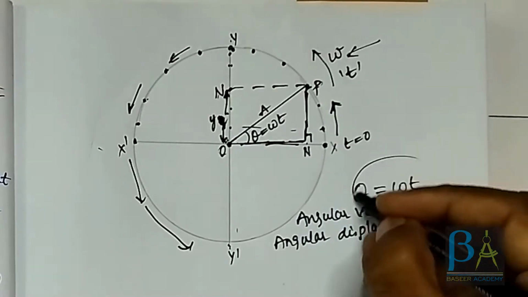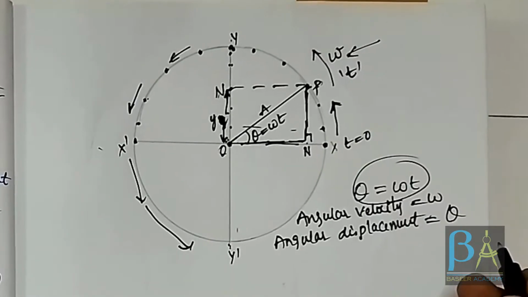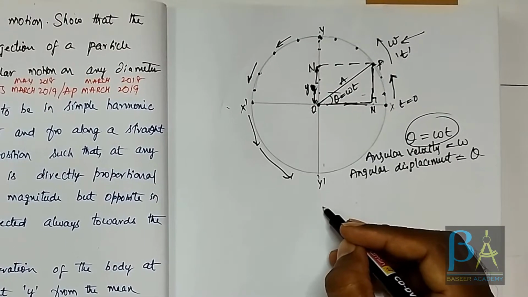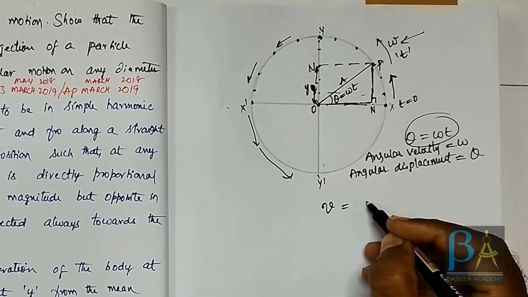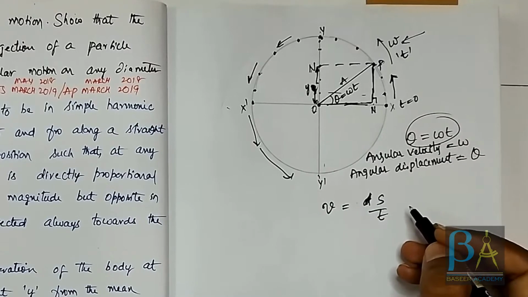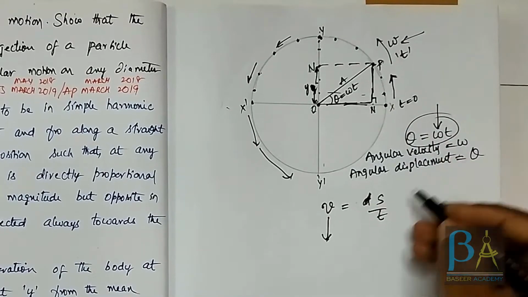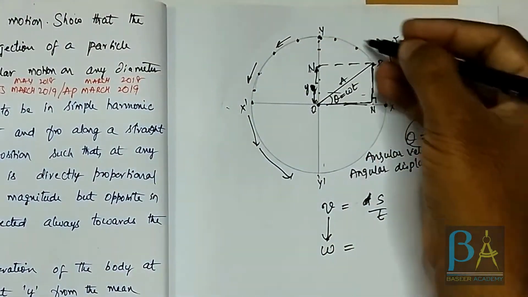How did I come to this conclusion? Theta is equal to omega t. You must have studied in your previous classes that velocity is the rate of change of displacement, right? The velocity is displacement by time, isn't it? Here, in place of velocity we are going to consider angular velocity, because obviously the particle is making a circular motion.